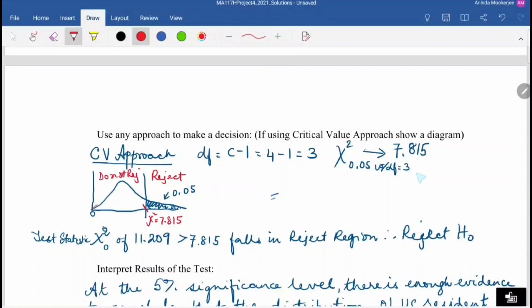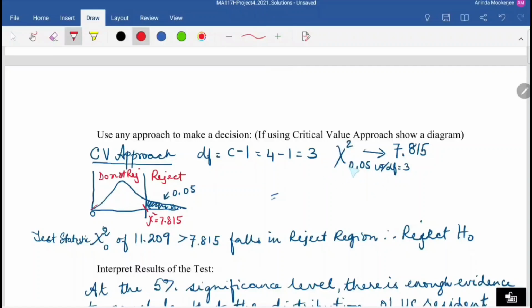Now how did we come up with df equals 3? The formula for df is the number of categories, that means the number of regions in our data set, minus 1. All right, we had 4 regions, right? The number of categories was 4, so it's 4 minus 1 equals 3.